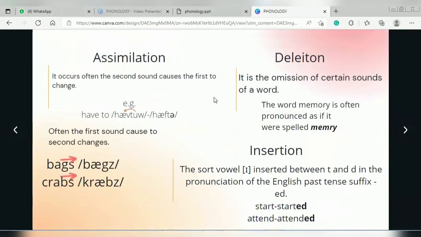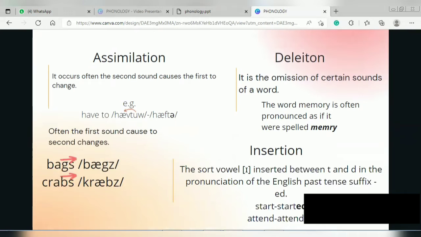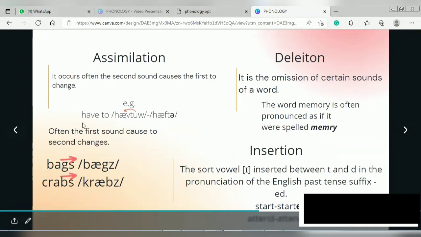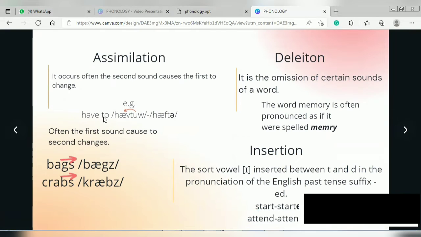On another hand, we have assimilation. In assimilation, it often occurs that the second sound causes the first to change. For example, we have have and to. This consonant sound t is voiceless, and this v sound is voiced.